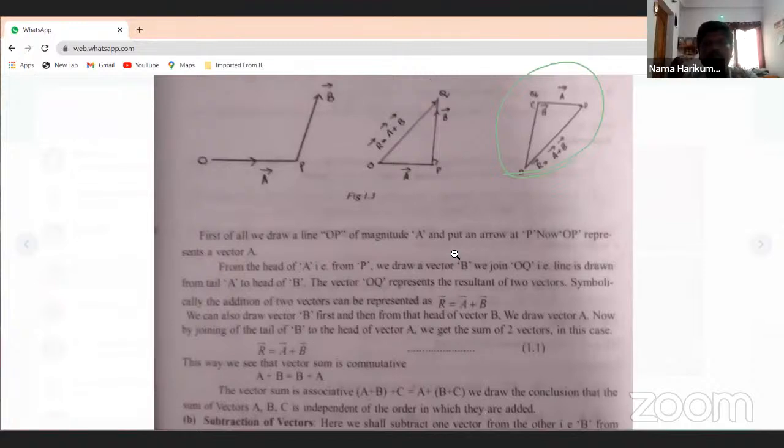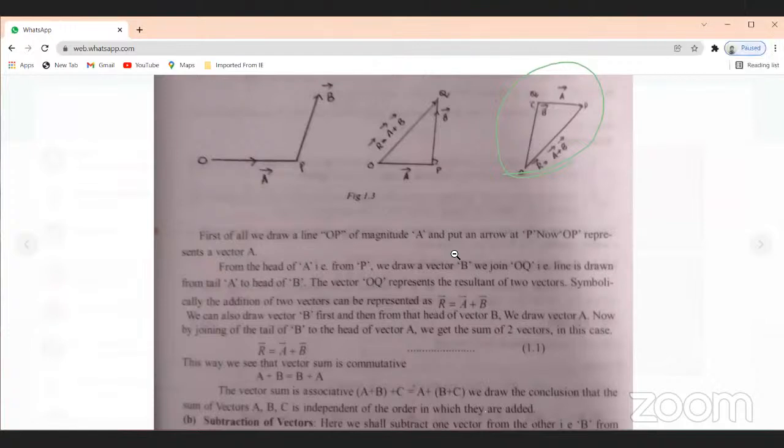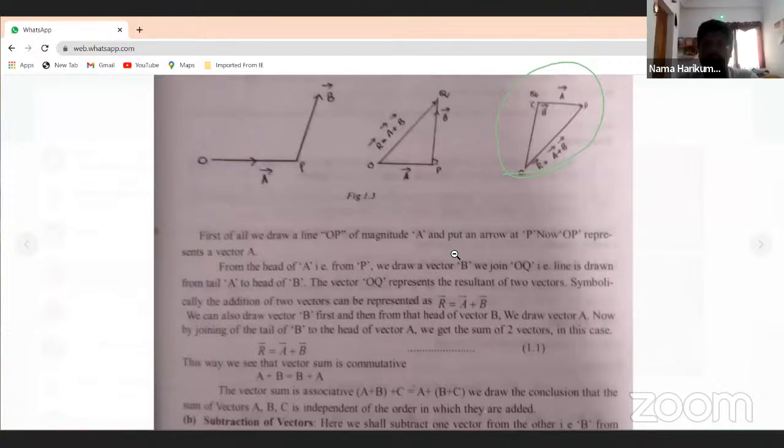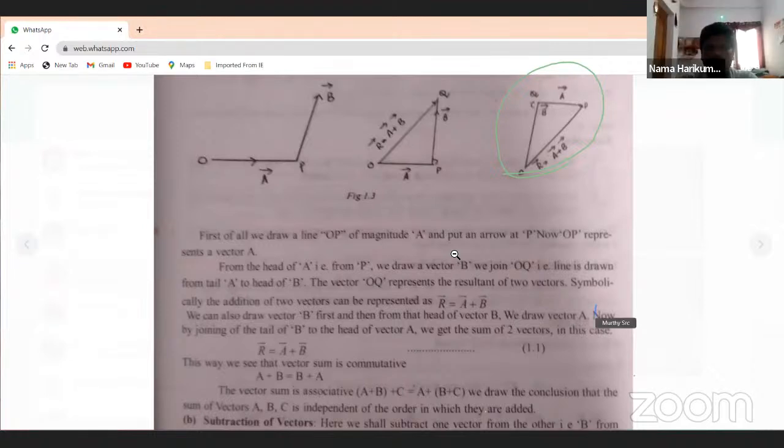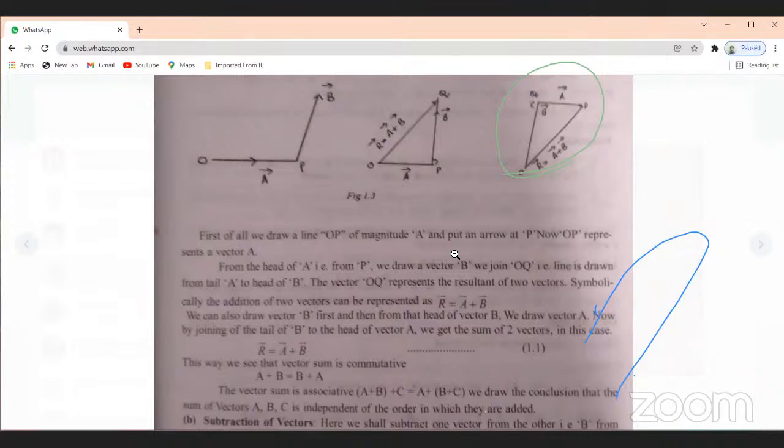Next, P to Q vector is B. Third one I am asking, sir. In the third diagram, in the third one, O to Q. That is wrong. So we are not considering the third one, just the first one and the second neat diagram. Okay.